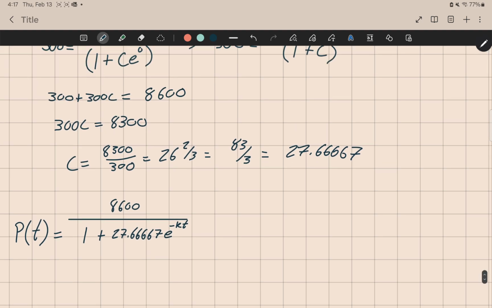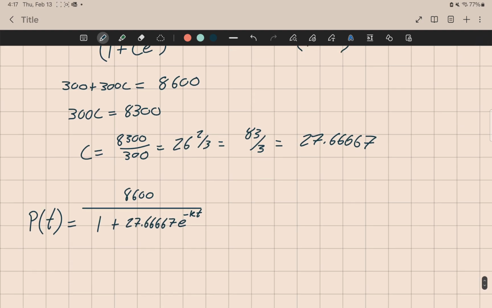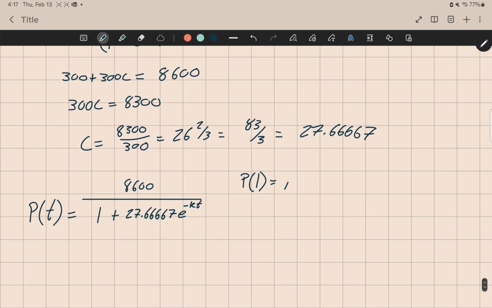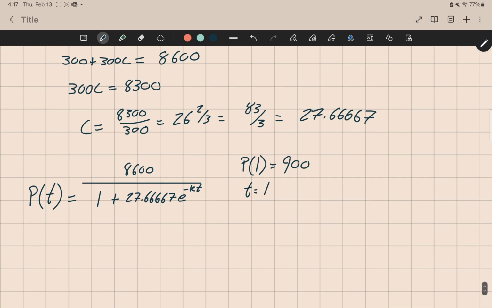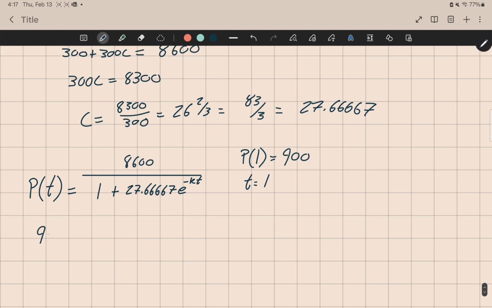So we're getting closer to a particular solution here. So we're going to look at our second condition that we have. If you guys remember, P of 1 is equal to 900. So that's going to make our T equal 1, which is nice. It's going to make things easy for us. We're going to plug that 900 in over here.